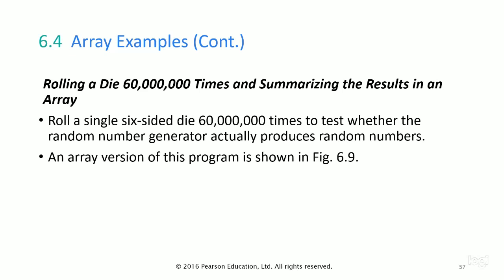Now this is important in probability type of problems. So if you go back to our rolling a die example, we were rolling the die 60 million times and summarizing the results. So we were counting how many times did the numbers 1 to 6 occur. If we roll a die 60 million times, how many times do we see 1, how many times do we see 2, and so on.